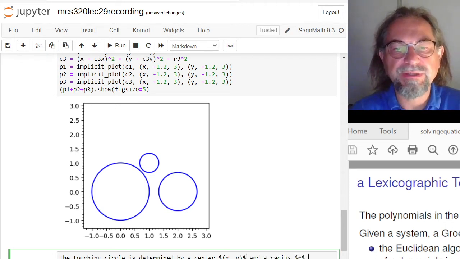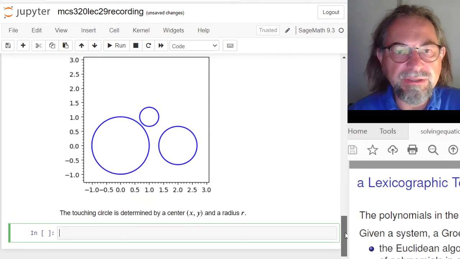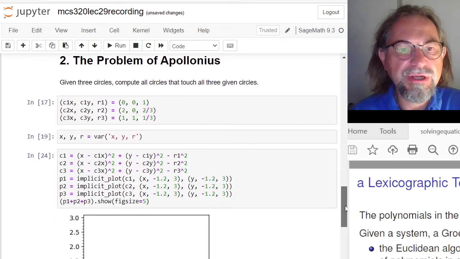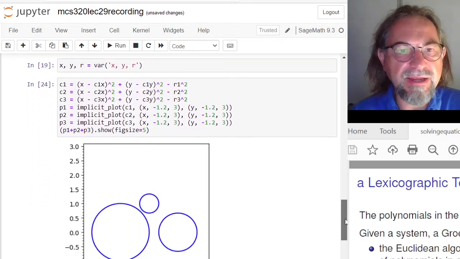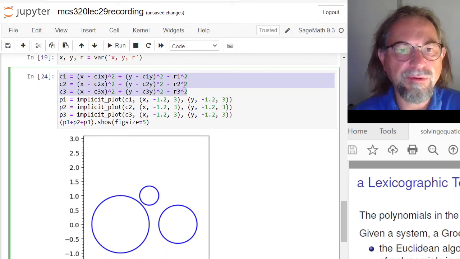So I have already the variable r for that. What I do need is something similar to here. I had the center, but then I had the distance 1 plus or 1 minus the radius. So I will use the same equations here. Let me copy and paste them.